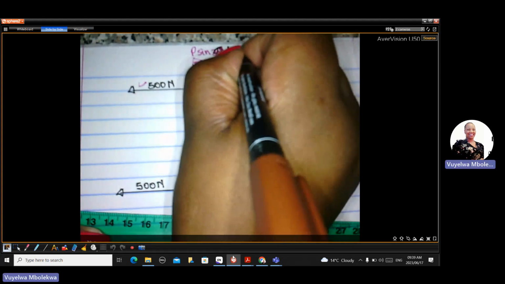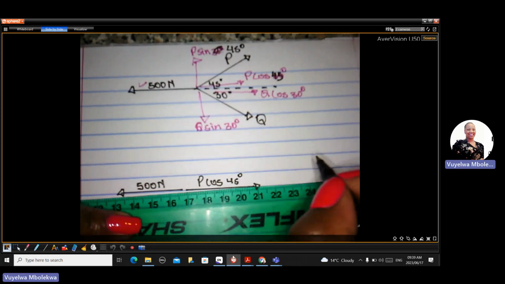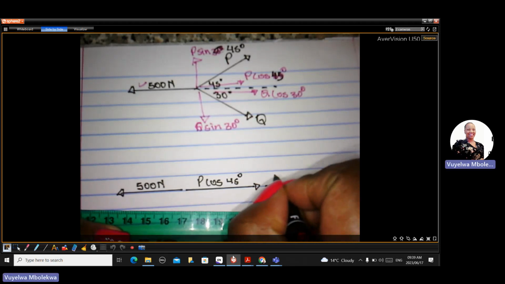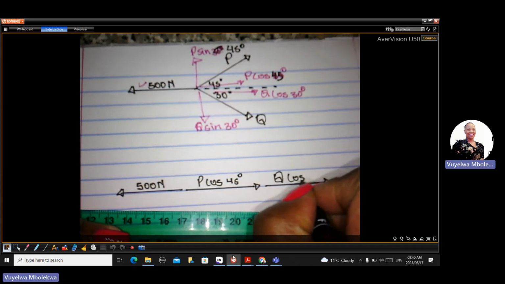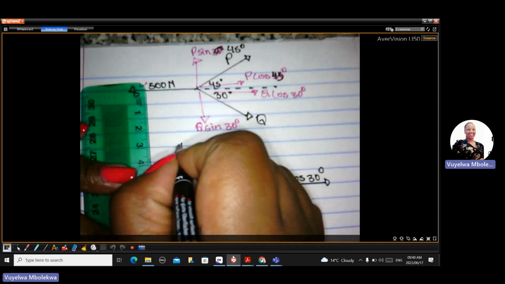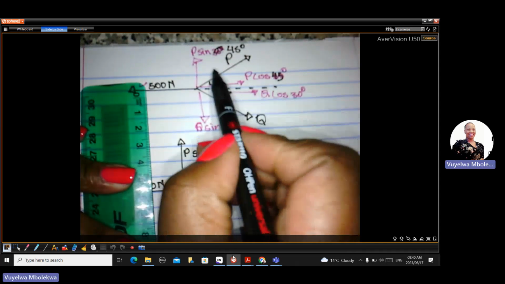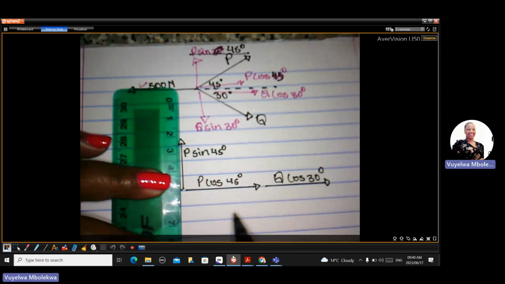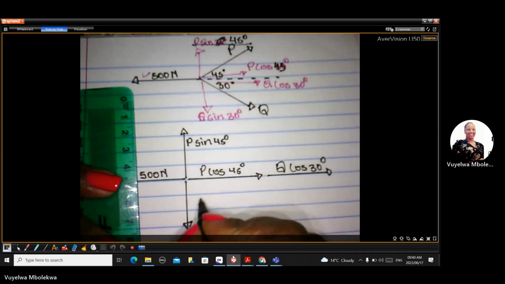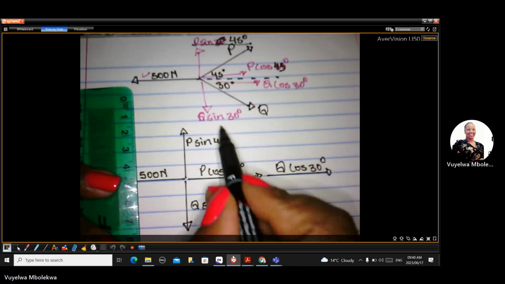So that is P cos 45, and then for force Q, we're going to have Q cos 30. And then vertically, we've got an upward component there of P sine 45, and a downward component here of Q sine 30.